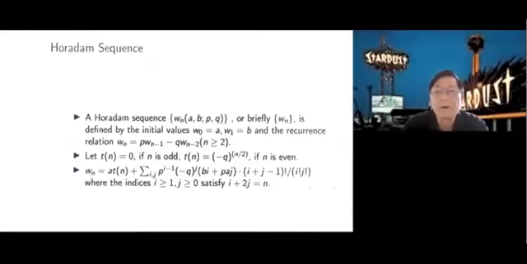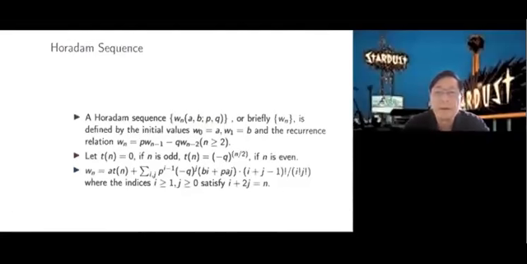Our definitions of generalized Fibonacci numbers and generalized Lucas numbers do not include Horadam sequences, but any Horadam sequence is a linear sum of generalized Fibonacci numbers and generalized Lucas numbers. So we can apply our formulas to Horadam sequences.